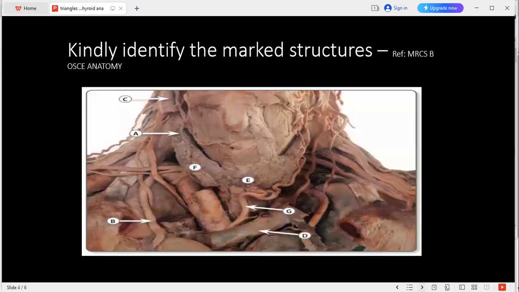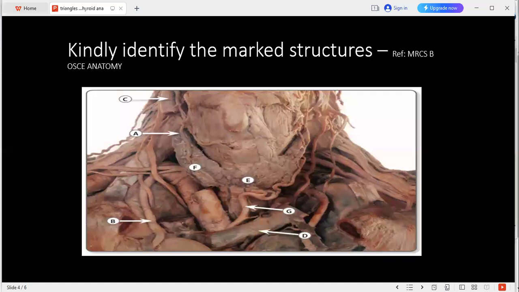Can you please identify this structure, F and E? This is the thyroid gland, and E is the isthmus of the thyroid gland. Can you describe the thyroid gland? How many lobes are there, what does it look like, and where is it attached?